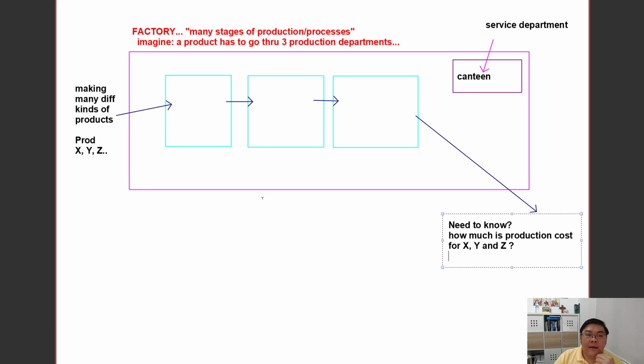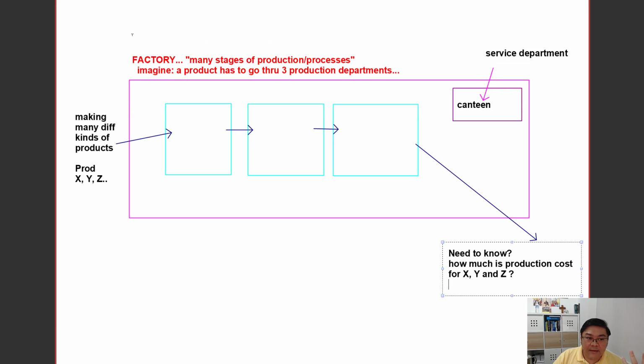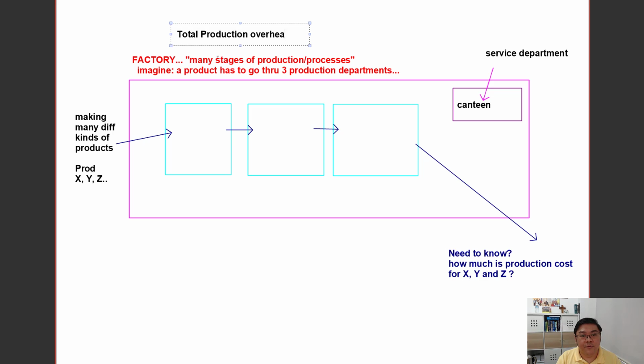But what about the production overheads? If you're making life easy, you might say, how much is the total production overheads that you spend for that particular period? Assuming I tell you I'm going to spend $500,000, why not just take the $500,000 and find a way to apportion it into X, Y, and Z. Well, you can do that, but it will be less accurate.